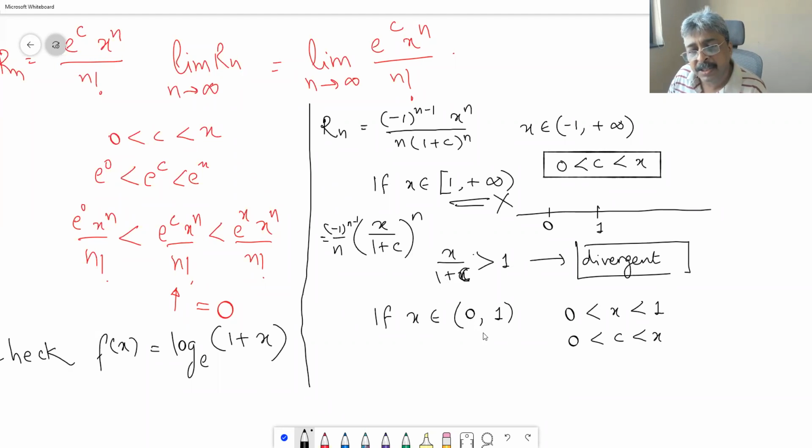This x upon 1 plus c is going to be greater than 0, but definitely less than 1, because x can be maximum 1 and the denominator is going to be greater than 1. Therefore, this fraction is less than 1 and positive. Therefore, this bracket is going to tend to 0 as n tends to infinity. And anyway, this ratio is going to tend to 0 as n tends to infinity, convergent.